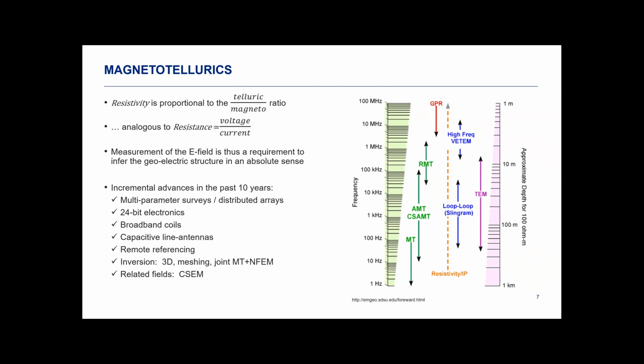So that's great. And at this talk that I initially gave, of course, there were geologists and non-geophysicists in the audience. So I told them how resistivity is proportional to, or basically the same concept as, getting resistance.